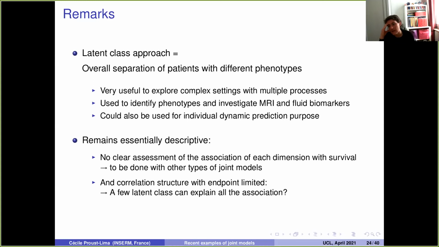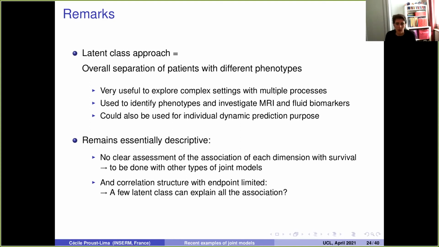So we use that to identify the subphenotypes, to describe them, but also to investigate MRI, as I showed you, but also fluid biomarkers that could be targets for therapeutic research, and that could also be used for individual dynamic prediction purposes if we wanted.